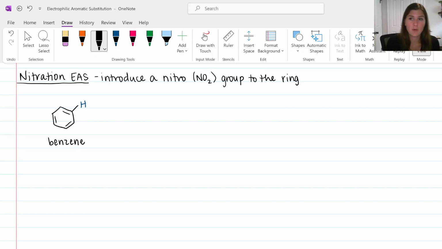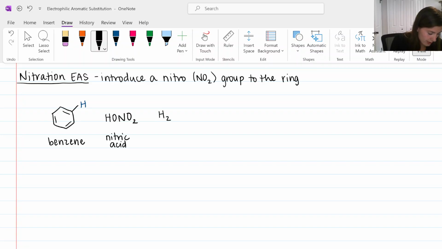The reagents required for the nitration reaction are nitric acid, HONO2, and then we do need a catalyst, but in this case, it's not a metal catalyst, we're using a strong acid.